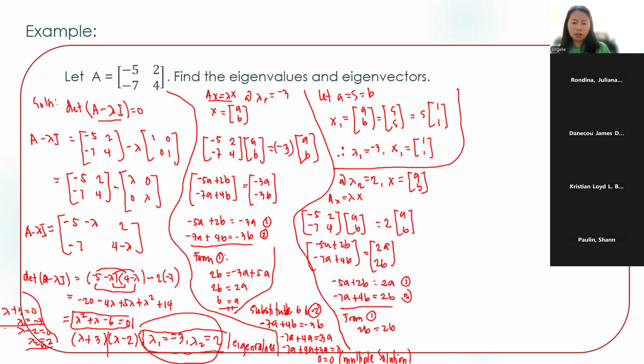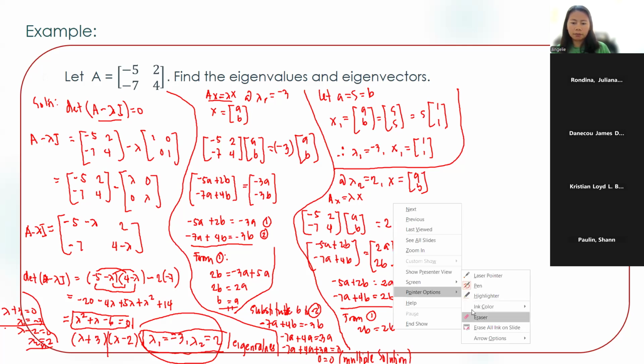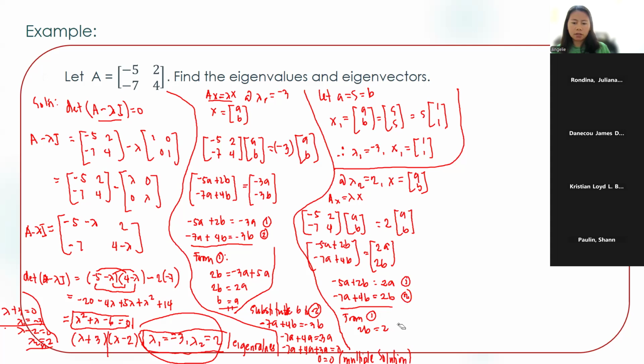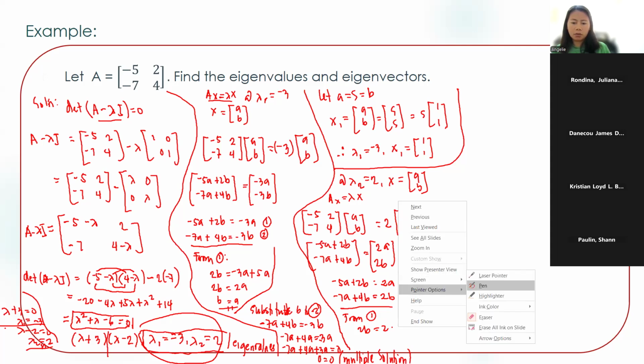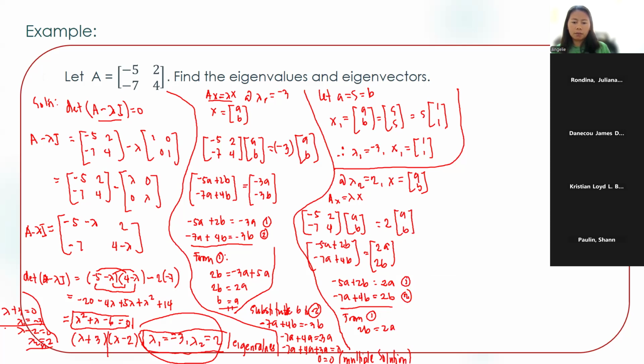Okay. So, this is 2a. Erase. 2a. Move a here. So, we have positive 5a. Now, we get 2b equals 7a. Right? Your b is equal to 7 over 2 a.